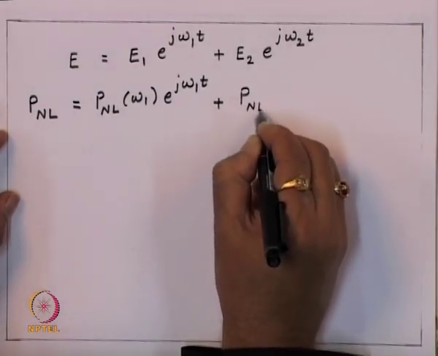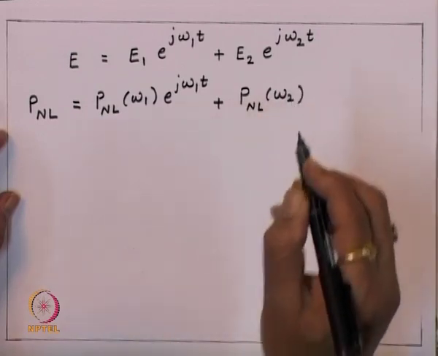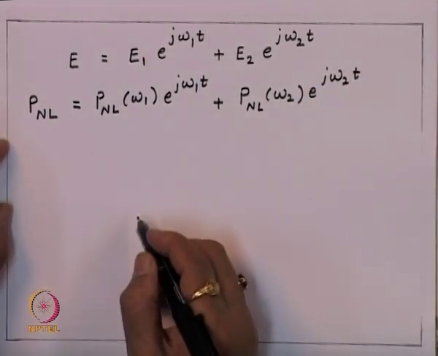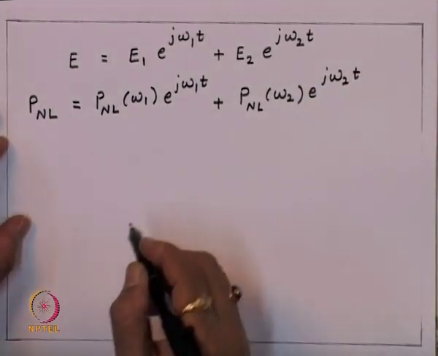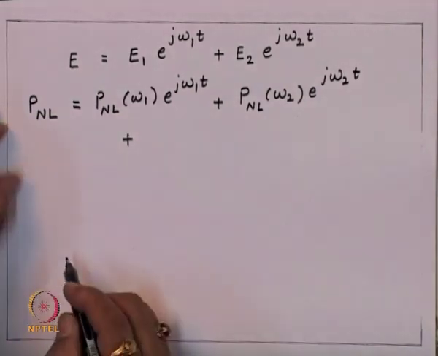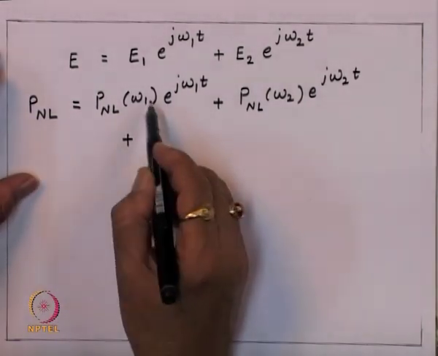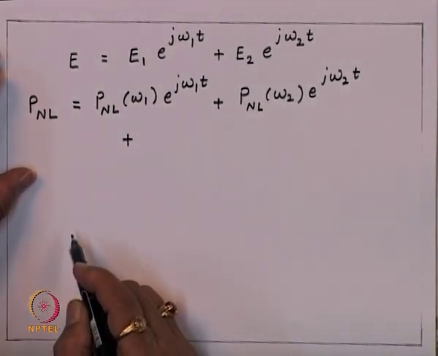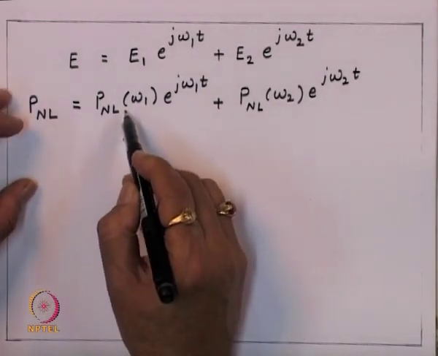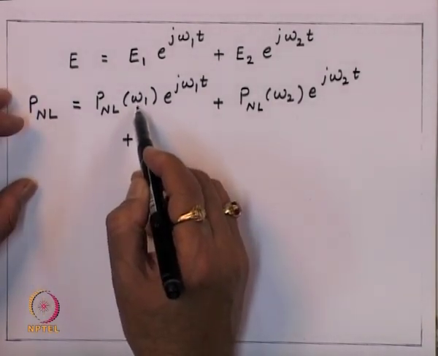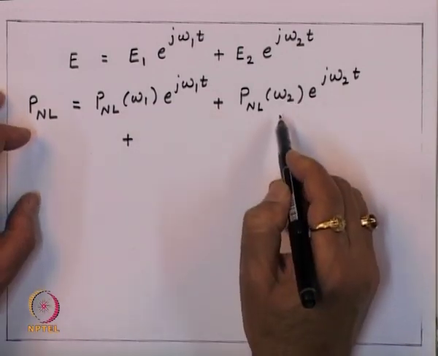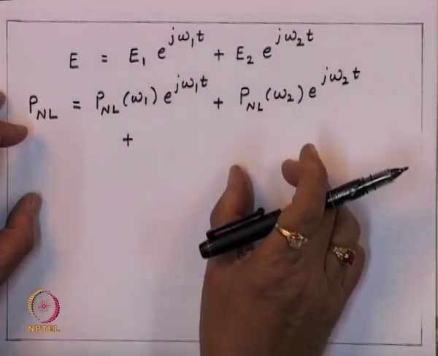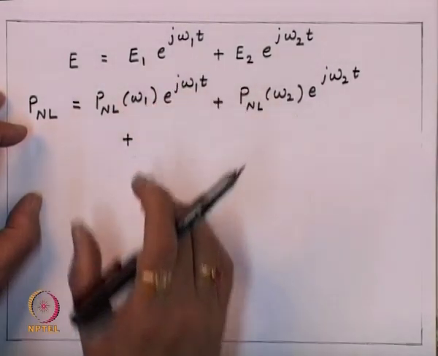It will have a component at frequency omega 2, e to the power j omega 2 t, plus it will have other terms which lie in the same frequency range, and that is if we consider a frequency, let us say, 2 times omega 1 minus omega 2 or 2 times omega 2 minus omega 1, these are the terms which will be approximately in the same frequency band.